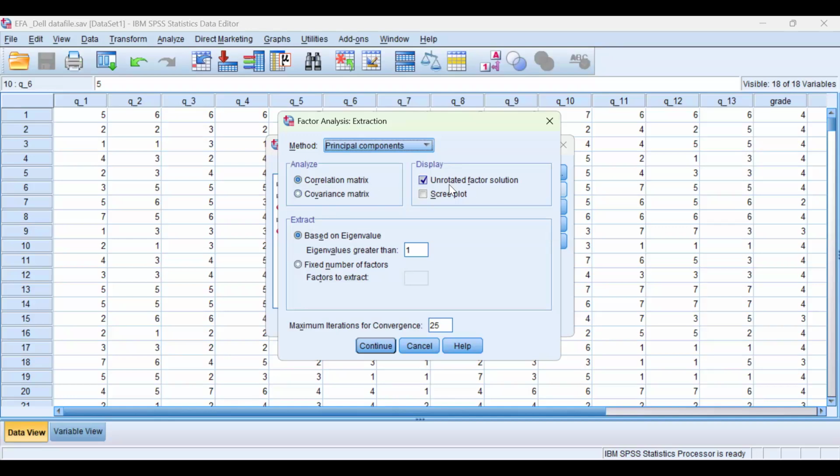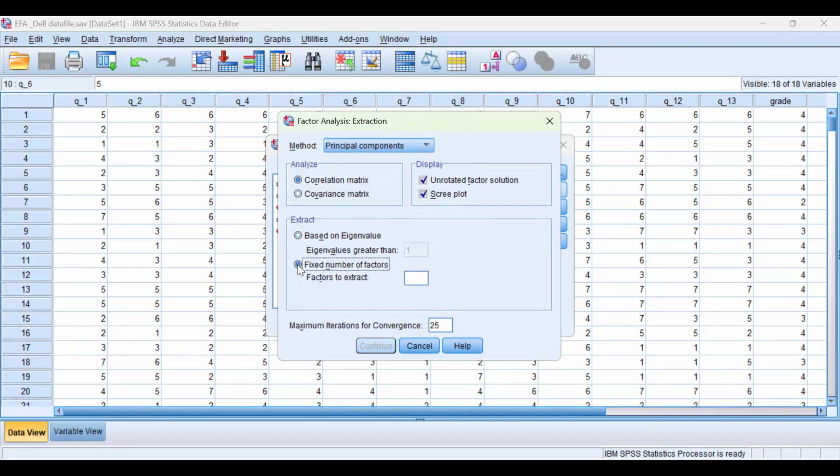So here by default, we have the unrotated factor solution, and we also check the scree plot. Now, suppose we are testing a theory, where we know that this is the model and this is what we're going to check. When there is a typical theory which we are going to check and we know that the factors are going to be 5 or 6 based on the theory, then we will fix the number of factors which we want to extract.